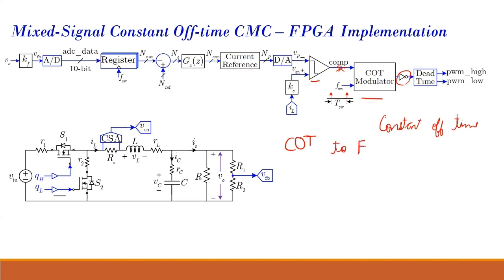Actually, I refer to it as fixed off time, because you cannot say COT for both constant on time and constant off time. So constant on time is COT, and FOT stands for fixed off time. That is my way of remembering, and some papers also refer to it as FOT.